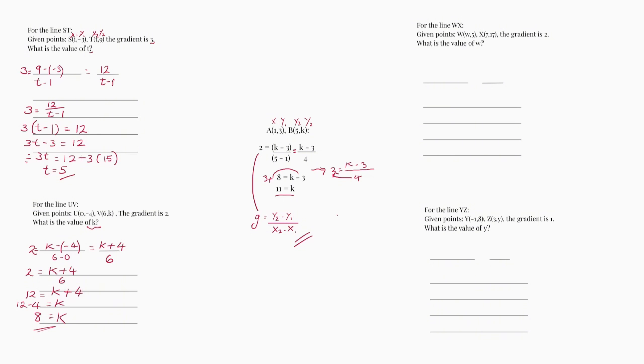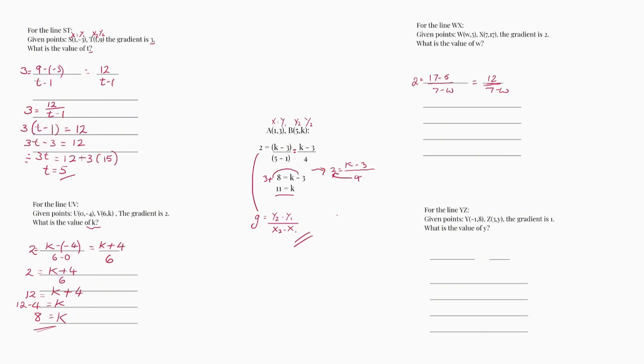For the line WX, the given points are W, 5 and 7, 17, and the gradient is 2. What is the value of w? So we put our gradient here, and it's going to equal 17 minus 5 all over 7 minus w. That equals 12, and that stays the same, 7 minus w.